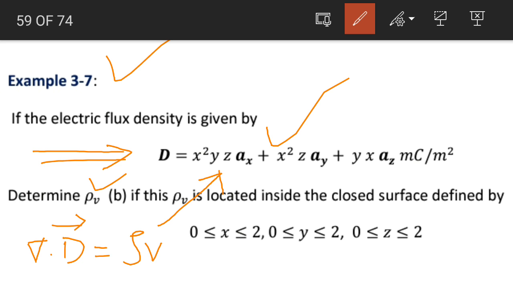The second part of the question says that this rho v is located inside the closed surface defined by a rectangular box. We need to calculate the flux passing through this rectangular box, and we know that the flux passing through it in the outward direction will be equal to the charge located inside the box.